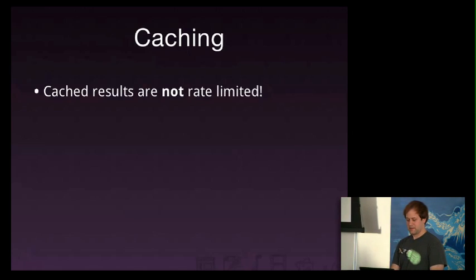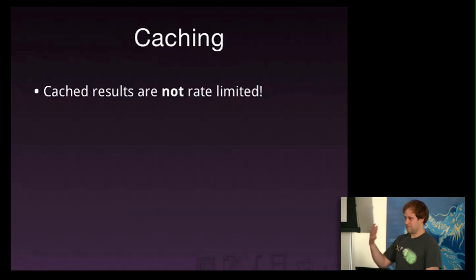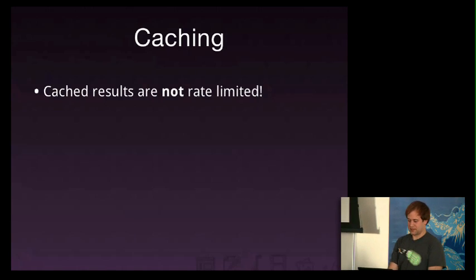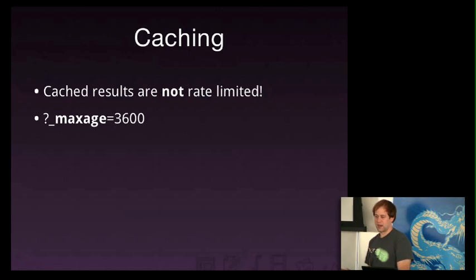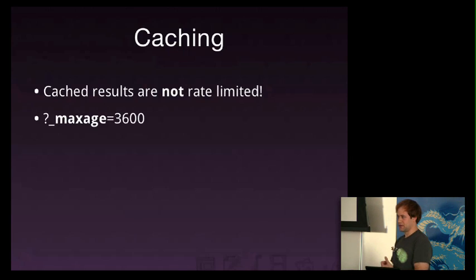We need them to be quick. And some of them are doing multiple requests out to web services on the internet, and that does take some time. So one of the interesting ways you can cache it is when you make your call to YQL, you can specify a max age, where you say, I want the cache to be no older than this long. This allows you to give some control when actually making the request.